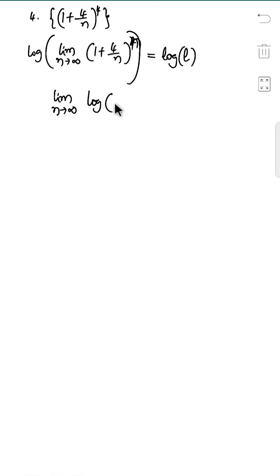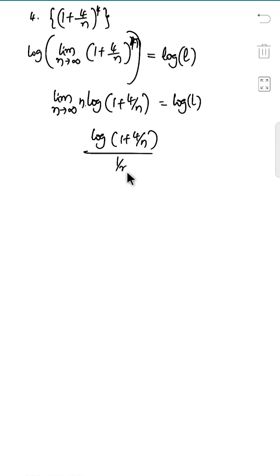So log can enter within the limit, 1 plus 4 by n whole to the power of n. Log x to the power of n can be written as n into log x. So this can be written as log of 1 plus 4 by n, all divided by 1 by n, limit n tends to infinity.